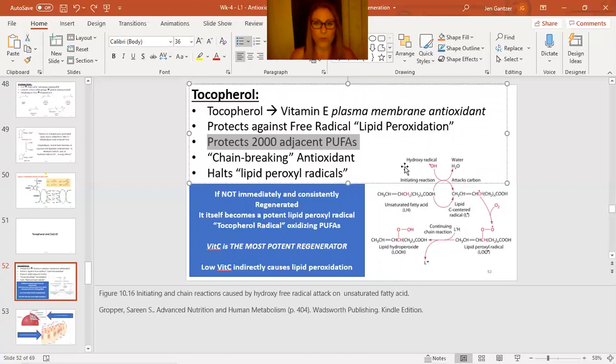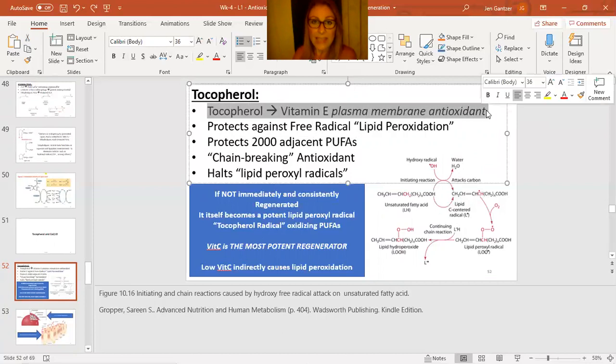The vitamin E radical is what vitamin E is after it does its antioxidant job by donating its hydrogen. We call that oxidative stress of the PUFAs and of the lipids lipid peroxidation. So what vitamin E, as tocopherol, is doing in the plasma membrane is preventing lipid peroxidation. Vitamin E prevents lipid peroxidation.